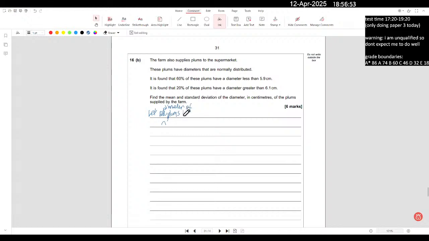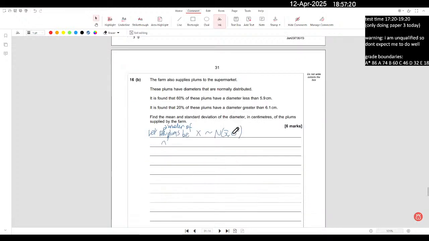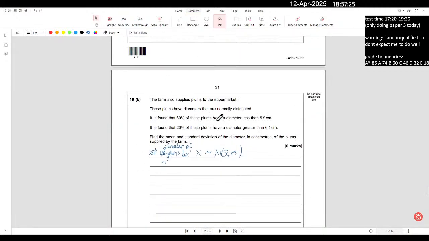Let diameter of plums be... the mean and the standard deviation, but then what am I supposed to do after this? I have no idea.